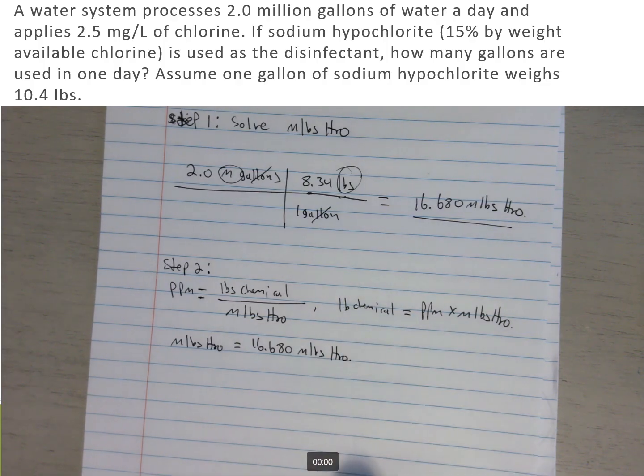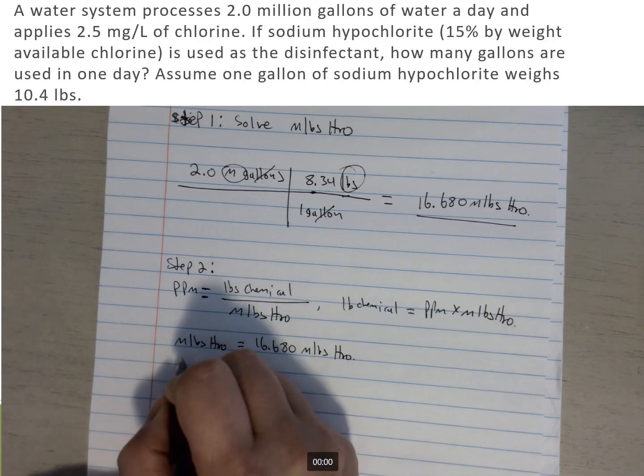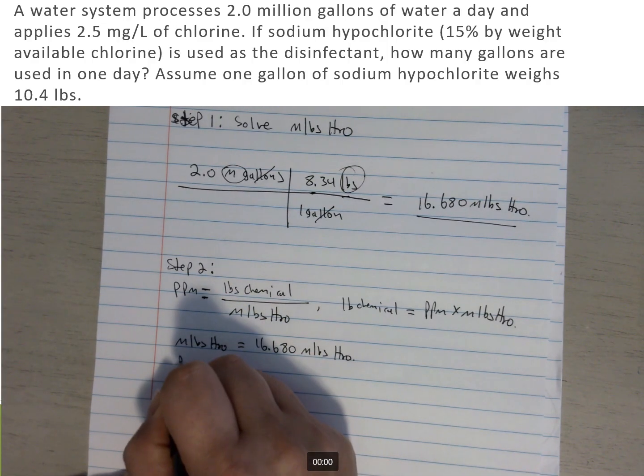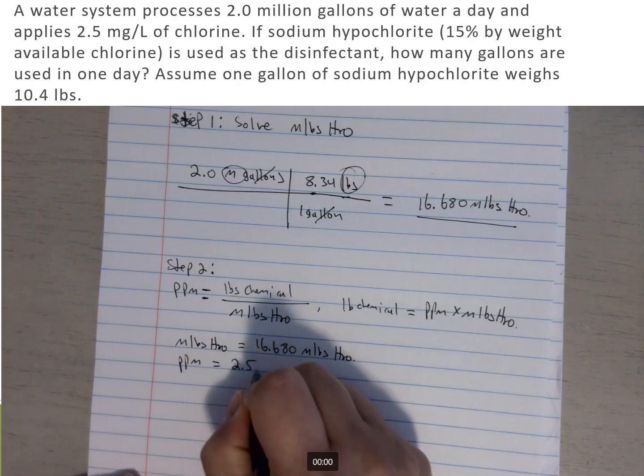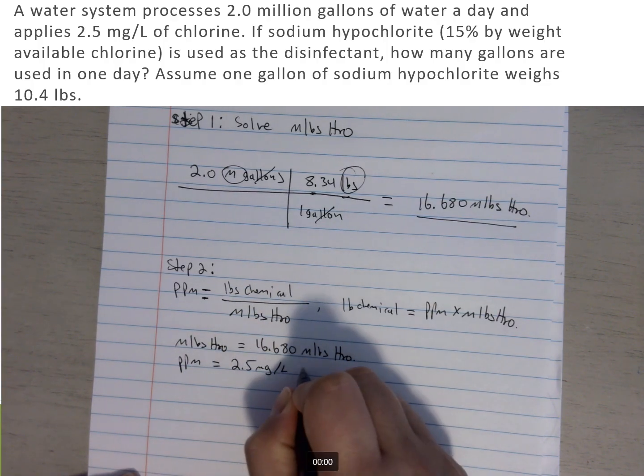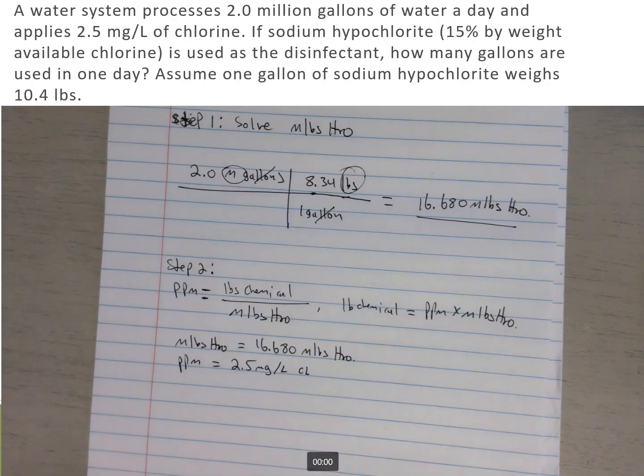Right? We're also given a concentration, a part per million of 2.5 milligrams per liter of pure chlorine, right? So our part per million is equal to 2.5 milligrams per liter chlorine, right? We're given the dosage, concentration, and we're also given the 1,000,000 pounds.